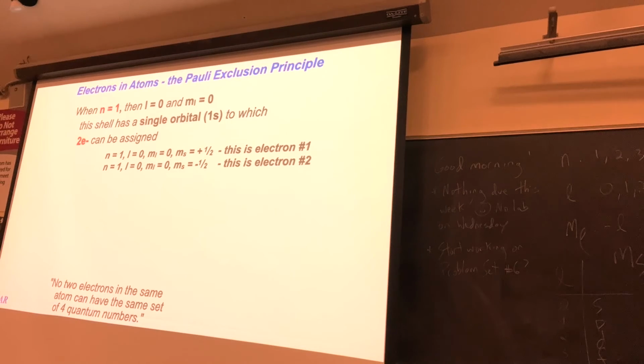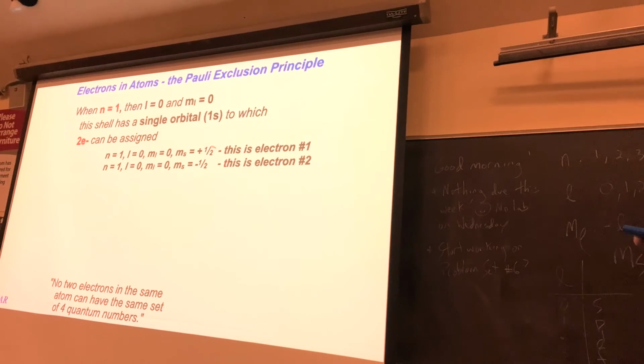Now, earlier I said how electrons are like people, and you could, if you want, have a room in your house and be with your brother or your sister or whatever, all right? If you have to. This is like saying you're living on n equals 1 street in the l equals 0 house, and there's only one room, one m sub l value, but you're both there. This is you, positive 1/2, and this is your brother or sister, m sub s minus 1/2. That's kind of what it's saying. There's 2 people per room, all right?